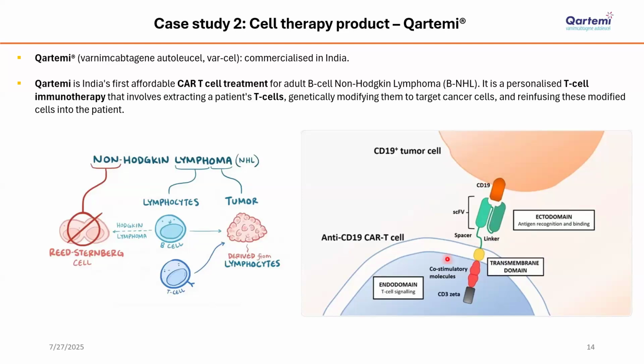This CAR, the chimeric antigen receptor, has a flexible single chain variable fragment, which is the ectodomain, specific to the antigen CD19, which is then linked to a spacer for flexibility, which is then linked to a transmembrane domain and an endodomain, which is present inside the cell and contains a co-stimulatory molecule and CD3 zeta for signaling into the T cells.